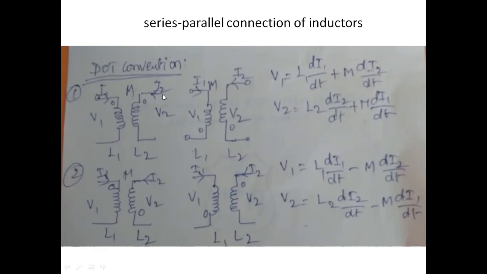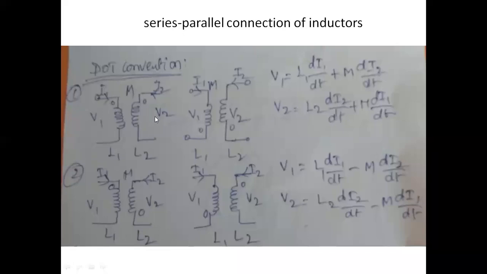From the second coil we also have a current I2 flowing through this coil, and due to that the EMF will be induced in the first coil. Similarly, by the current flowing through the first coil, V2 will be induced in the second coil. So like this we have mutual inductance and induced EMF.